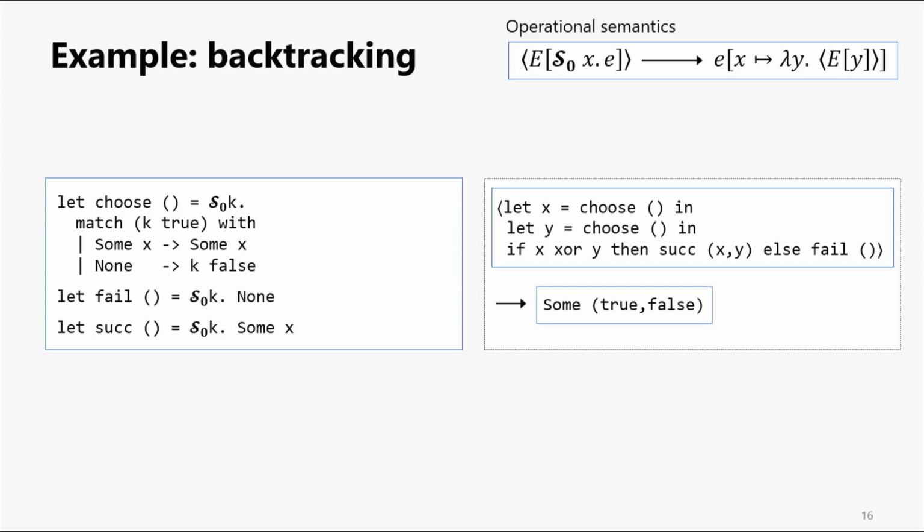Then it checks whether the test is passed for the given two Boolean values. If the test is passed, then it is returned, and otherwise it is signaled as a failure. The final result is the some constructor with Boolean values that pass the test, XOR test.